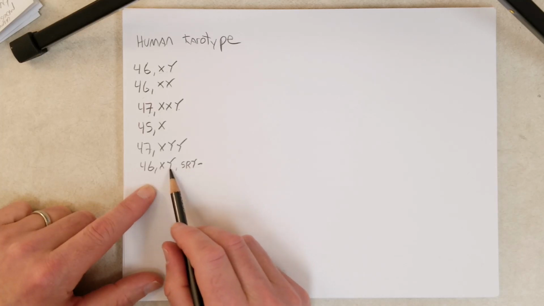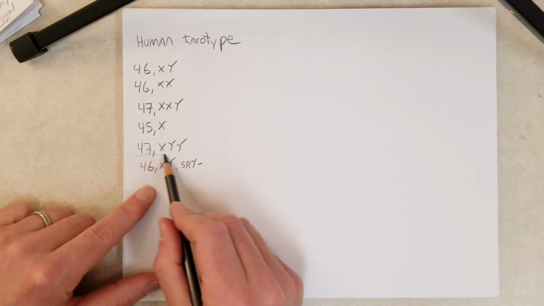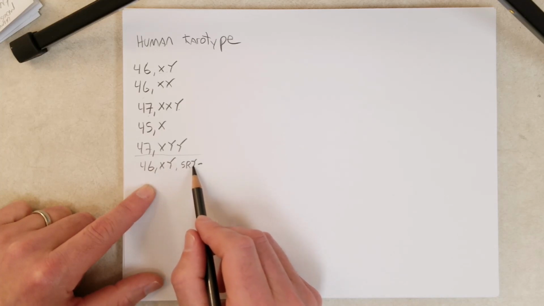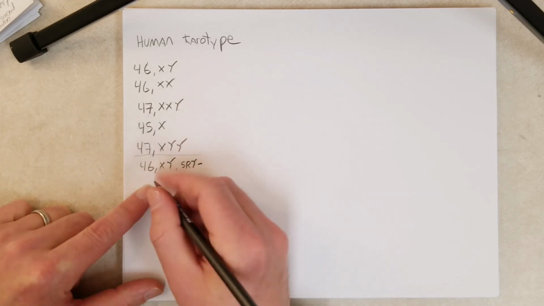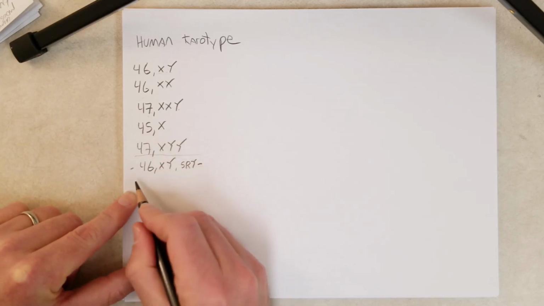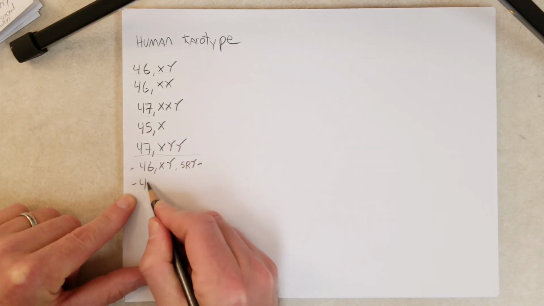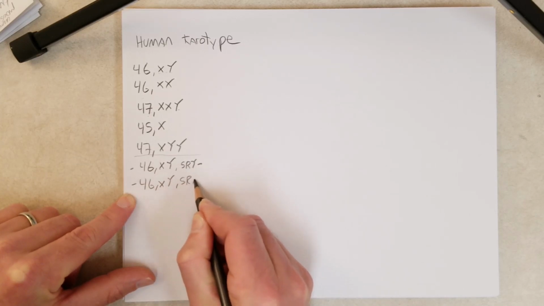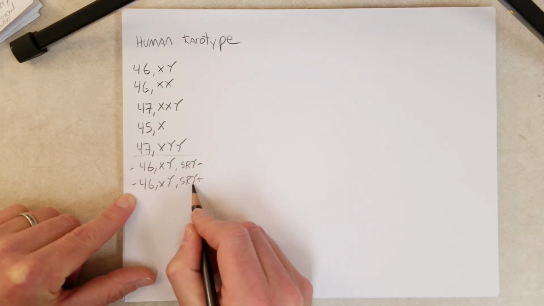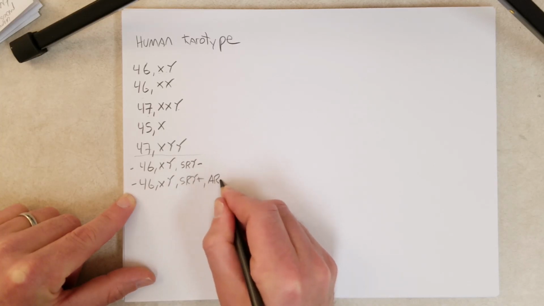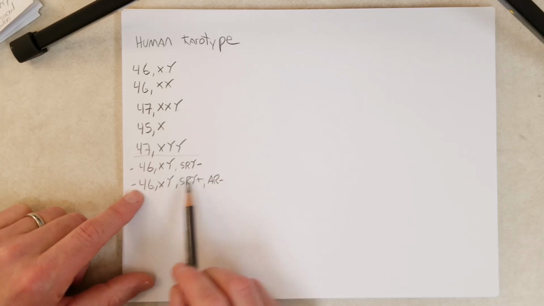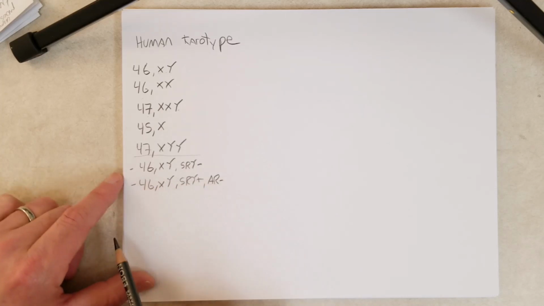So 46XY, SRY minus. So this isn't really a karyotype. This is more of a karyotype with some gene information. But I want to put this here because we're going to talk about that in a moment. So 46XY, SRY plus, so a functional SRY, but a mutated gene called the androgen receptor. We'll talk about individuals with this genotype also.